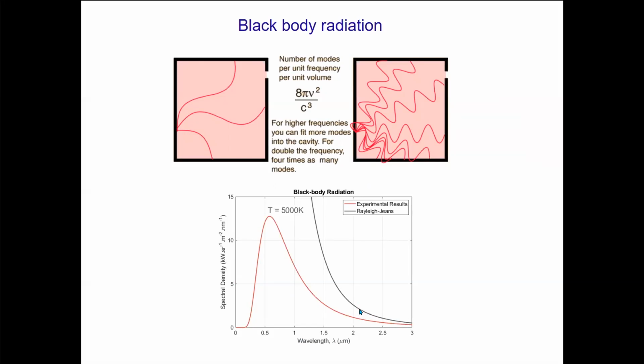But once the wavelength decreases and the corresponding frequency of modes increases, this quadratic growth continues. And this is, as I said, the problem, because in principle it goes to infinity.